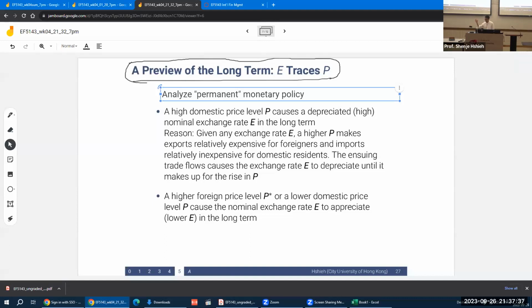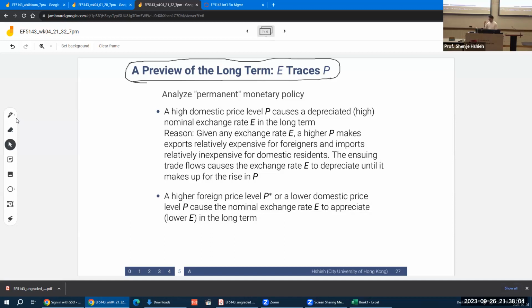But with permanent monetary policy action, we can now think about the distinction between flexible and fixed prices. When we do temporary, it doesn't matter what P is; as long as it's fixed, we get some action in the FX market.